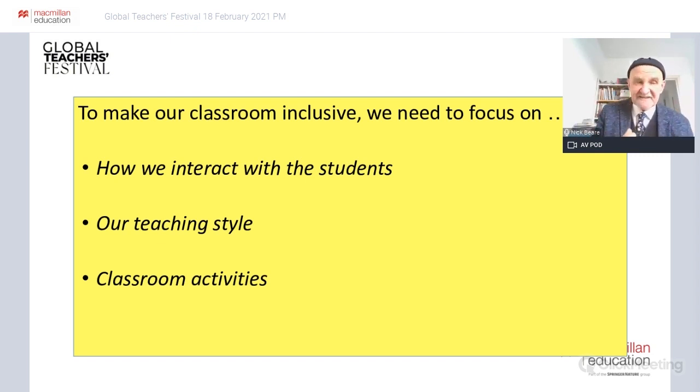Being careful with our teaching style, so that we're not talking too much or spending too much time on the board and the class just gets lost. And classroom activities, particularly communicative activities, are the ones that really help students to express themselves and enjoy it, and they can be doing that with anyone from their tribe or not from their tribe. Everybody gets a part, gets involved in it.